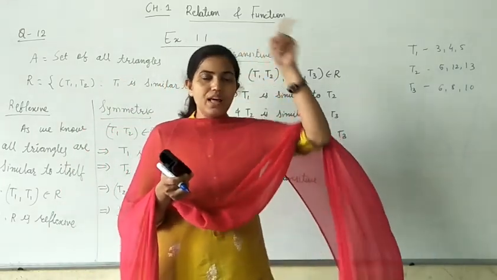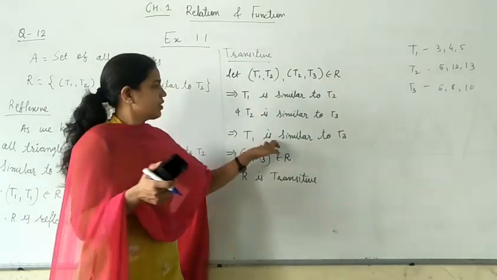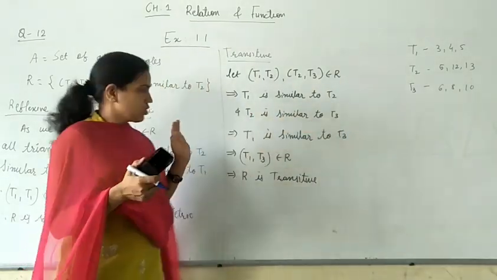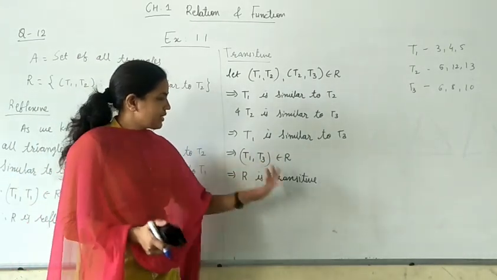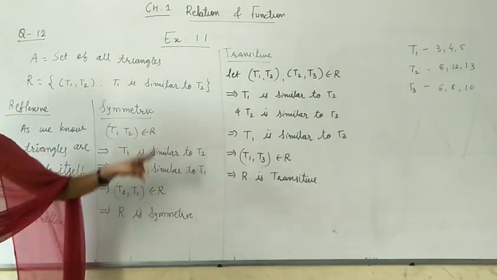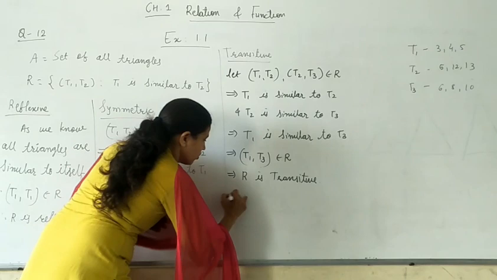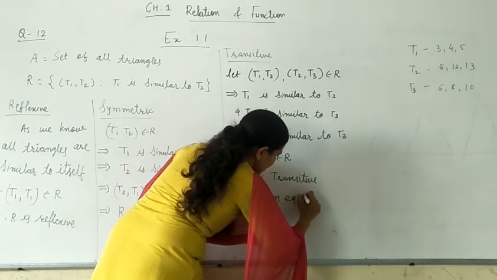Then by the similarity property, first and third will be similar to each other. So T1 and T3 are similar to each other, which means (T1, T3) belongs to R. So R is transitive. As our R is reflexive, symmetric and transitive, therefore R is an equivalence relation.